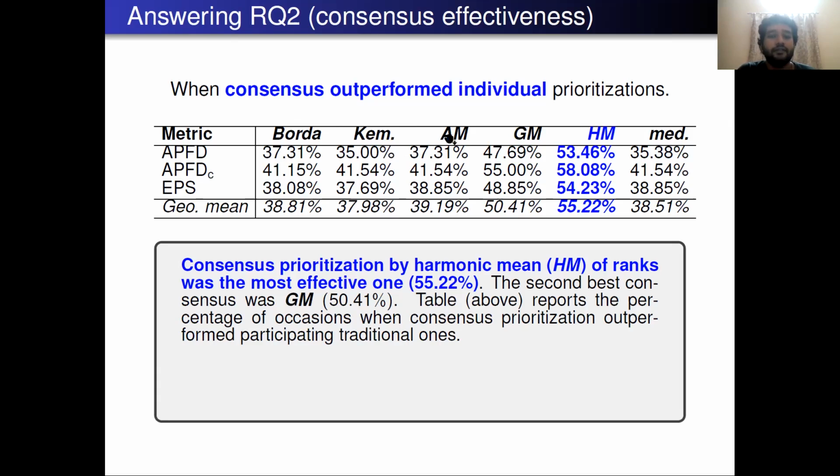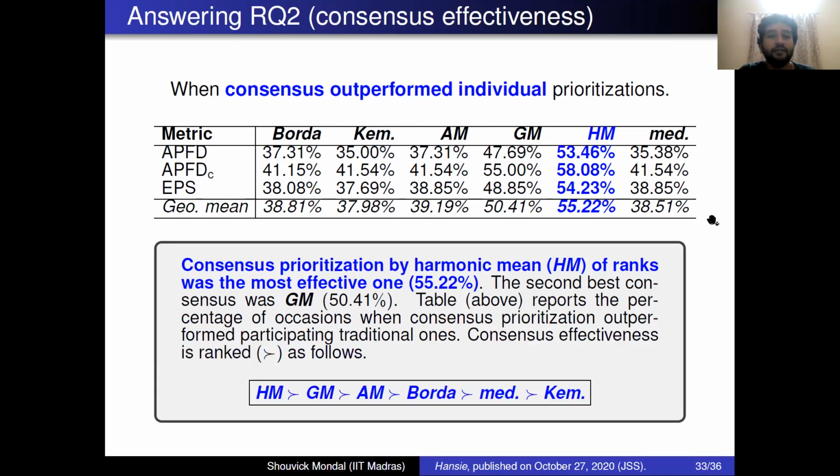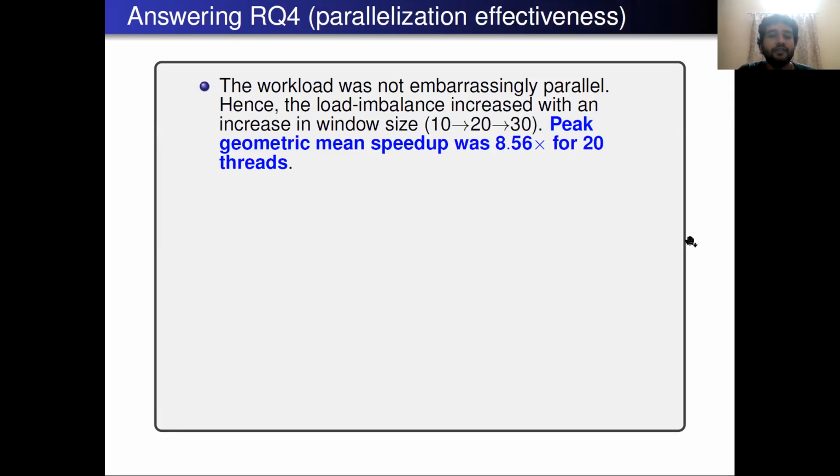So we can see that using just simple techniques, a quick approximation, we can tame the problem. This is the ranking in terms of consensus effectiveness: harmonic mean, geometric mean, arithmetic mean, Borda consensus, median consensus, and Kemeny consensus.